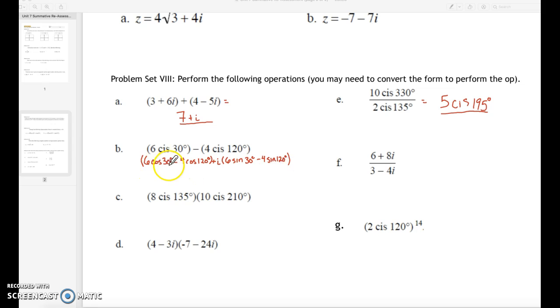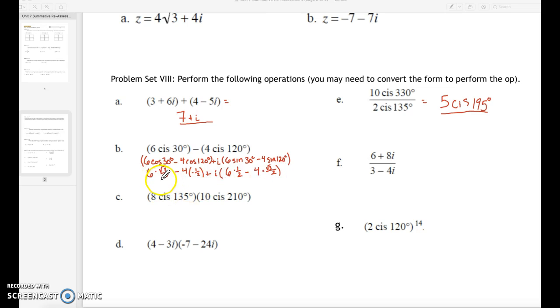Okay, 6 cosine 30, that's going to be 6 times root 3 over 2, minus 4 cosine of 120, which is going to be negative 1/2, plus i times 6 times sine 30, so that's 6 times 1/2, minus 4 times sine of 120, which is going to be what? Root 3 over 2, right?